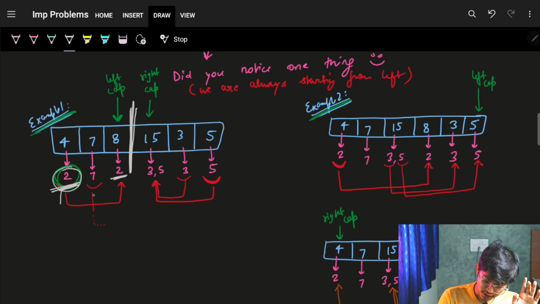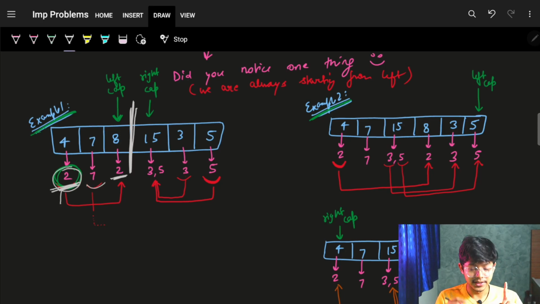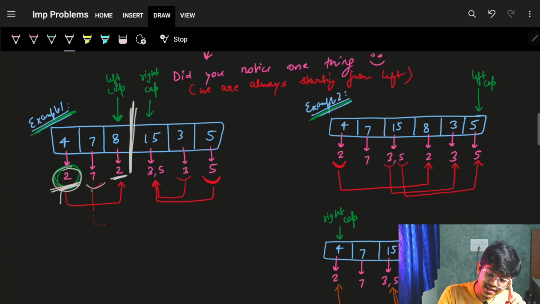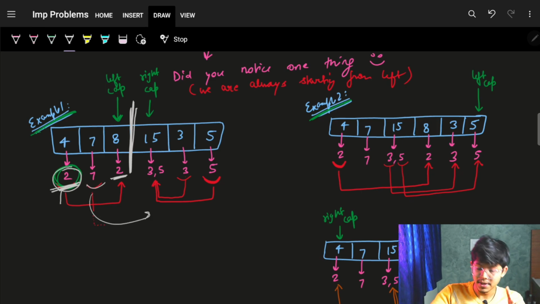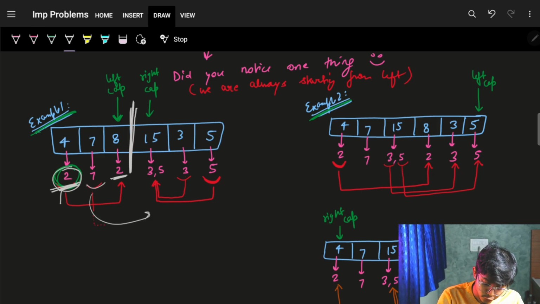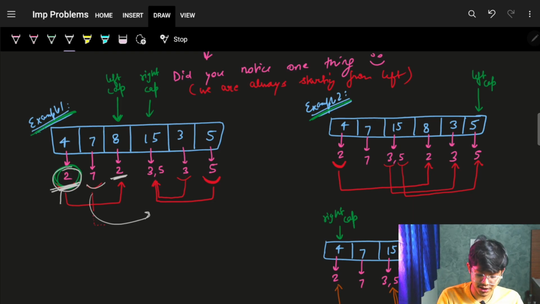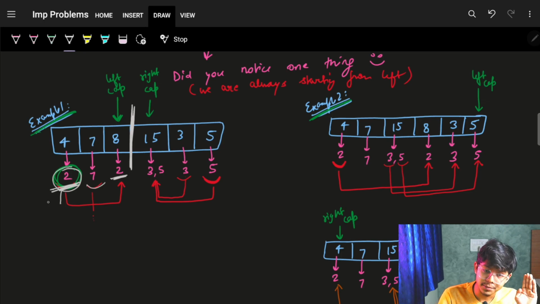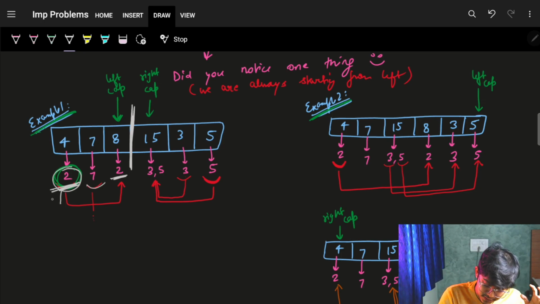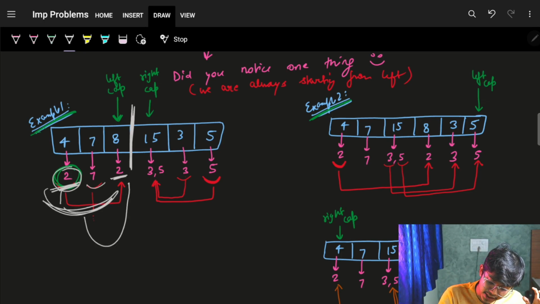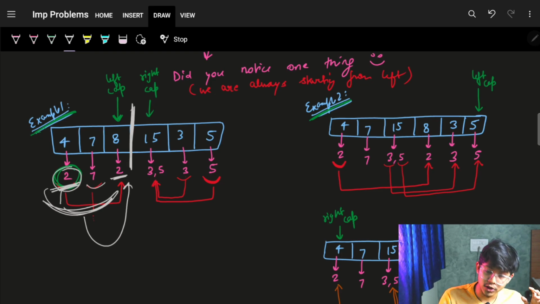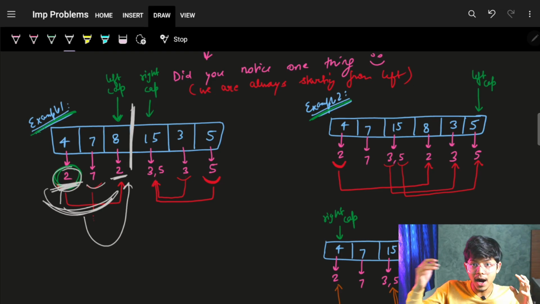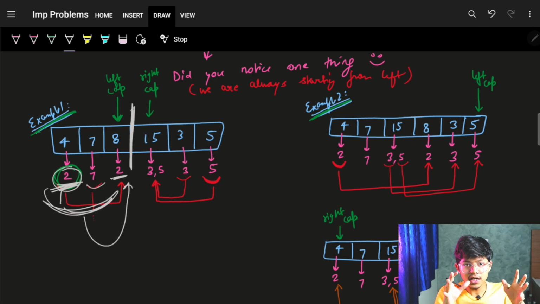Right, cool. But what would have happened if this 7 would also have come, maybe some ahead? Then I have to shift my bar again to that location, but luckily my 7 has not come, so I can safely place my left bar. Because of my left numbers, I can place my left bar at this particular location, because a 2 demands a location where no 2 comes after it.